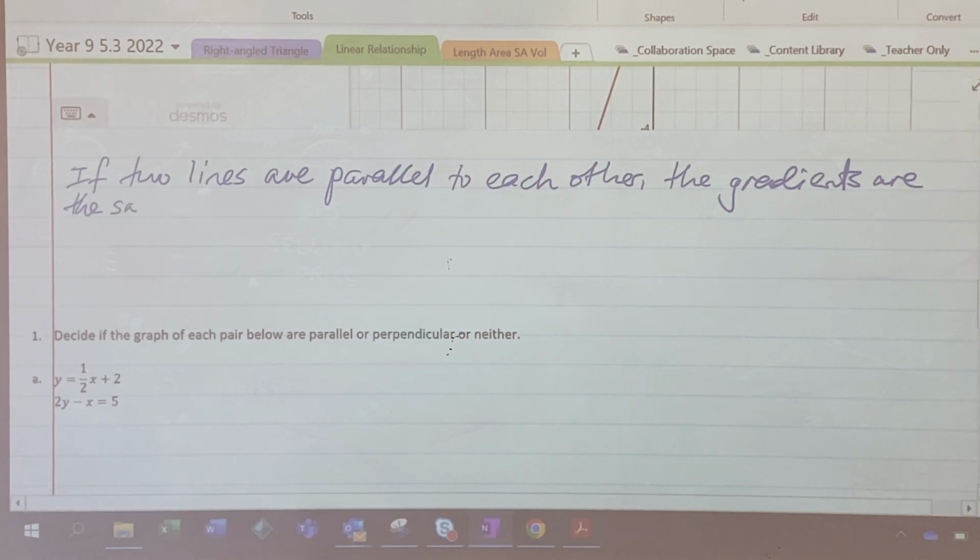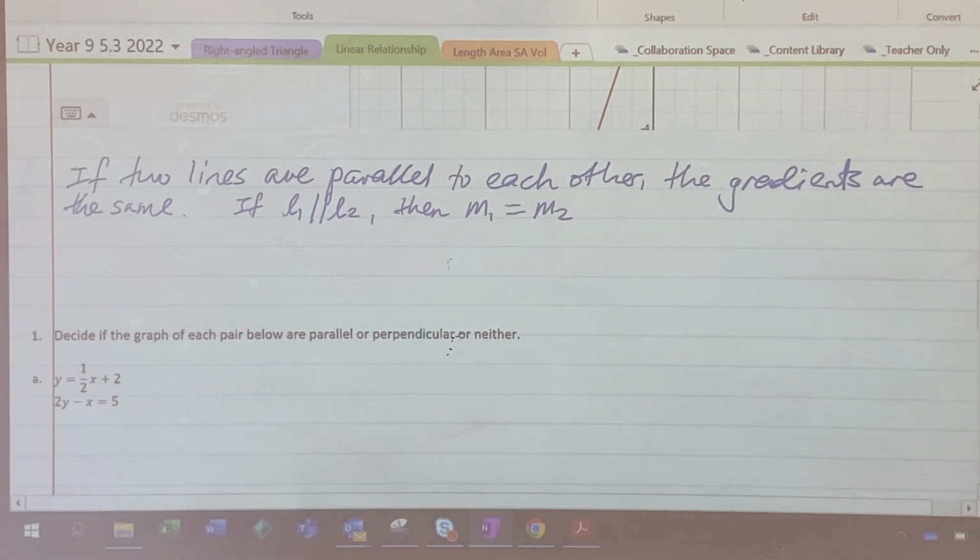Using abbreviation, I'm going to write down: if L1 parallel, that's a symbol for parallel, which you should have known from Year 8, line 1 parallel to line 2, then M1 equals M2.